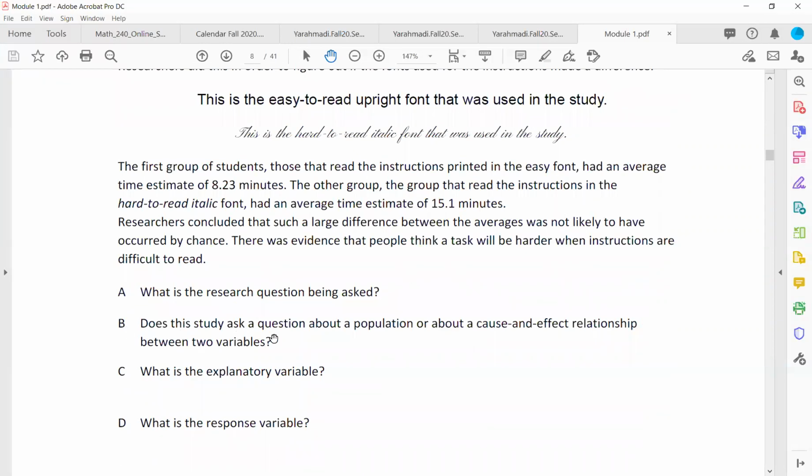B. Does the study ask a question about the population, or is it just a case of cause and effect relation between two variables? C. What's the explanatory variable? What's the independent variable? And D. What's the response variable? What's the dependent variable?